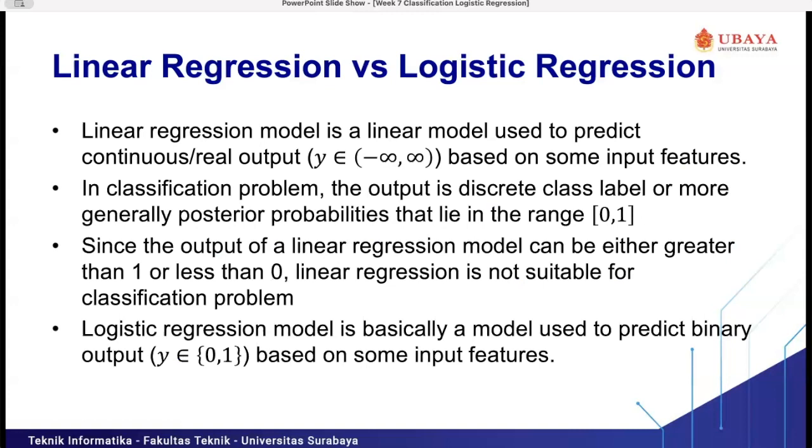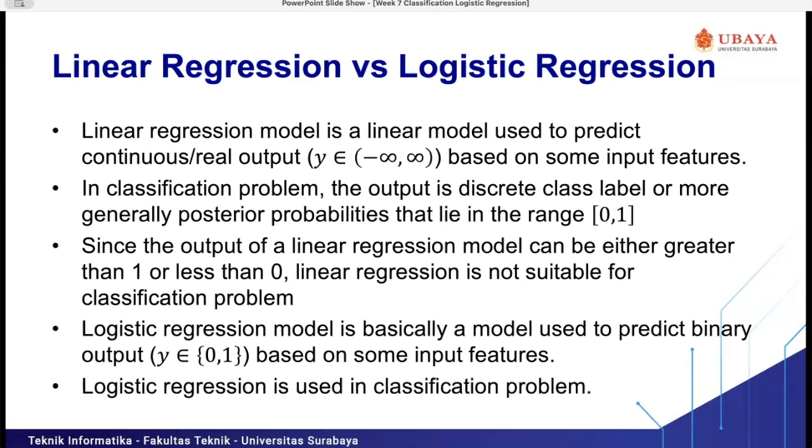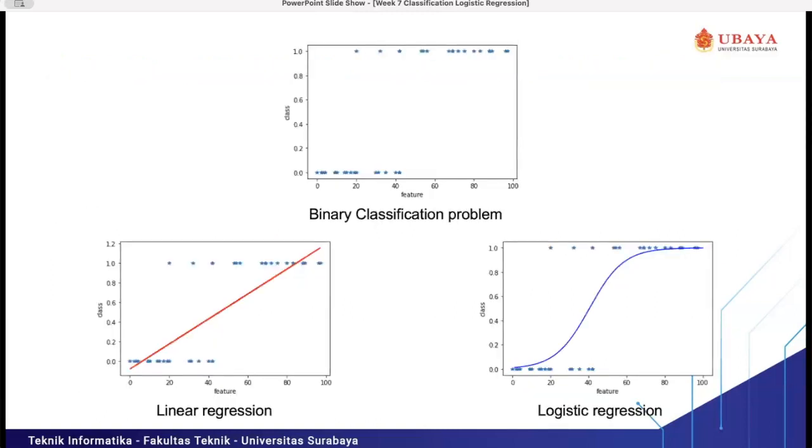We start with logistic regression for solving binary classification. So the output will be 0 or 1 based on some input features, and logistic regression is used in classification problems. In this slide, we have three different plots. In a binary classification problem, like I was mentioning before, the output will be a 0 or 1.